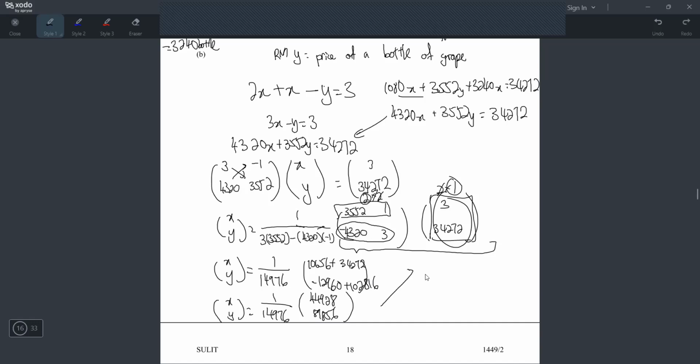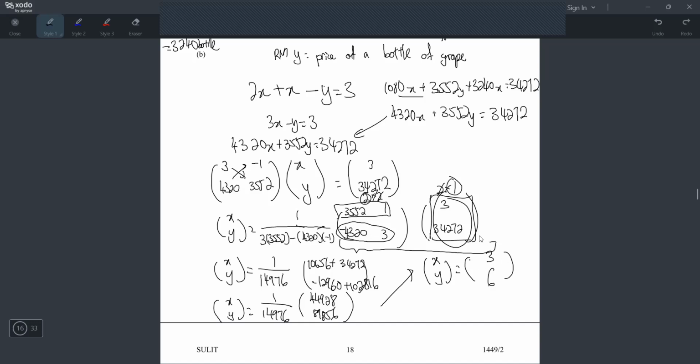And finally, my XY is equal to, this has to be divided by 14976, because when you multiply by 1 over 14976 it means you divide by the number at the bottom. So 44928 divided by 14976, we get 3. Then the other one, 89856 divided by 14976, we get 6. So this is the answer.